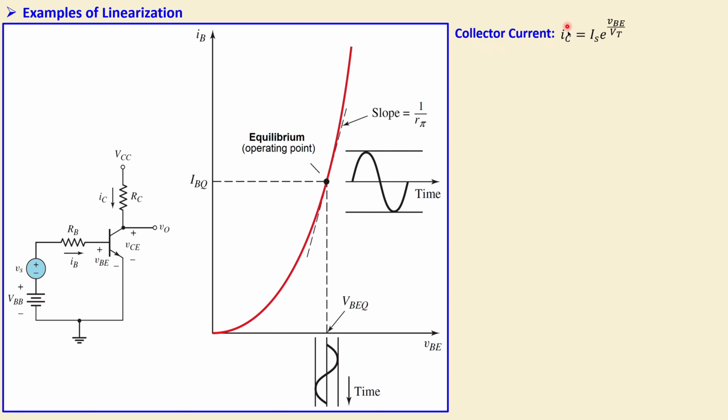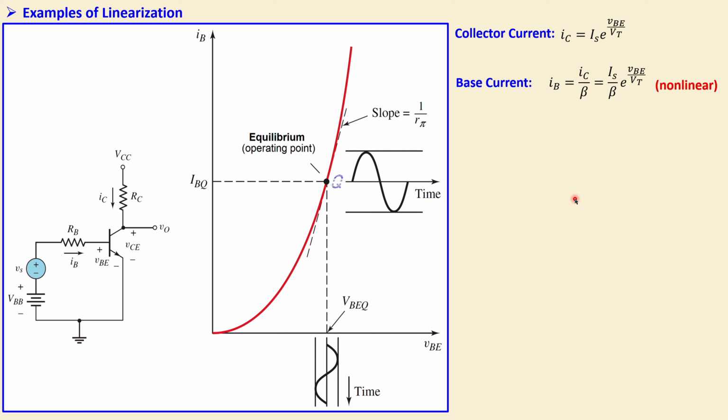So the collector current is given by a saturation current times e to the power of VBE over some thermal voltage. This is definitely a non-linear expression. Now the base current itself is this collector current over beta, some constant. Now, if I rewrite this, I can substitute this IC here, and I will get this, and this is still definitely nonlinear.